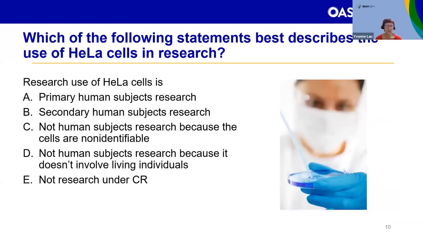So here I just want to make sure that you're all paying attention. Here's a question for you: which of the following statements best describes the use of HeLa cells in research? I think Spencer could put up the poll.